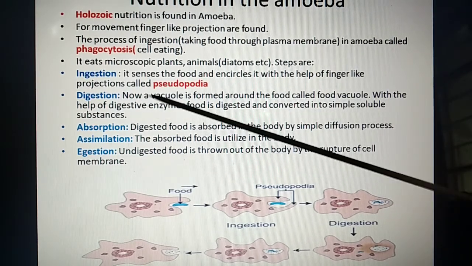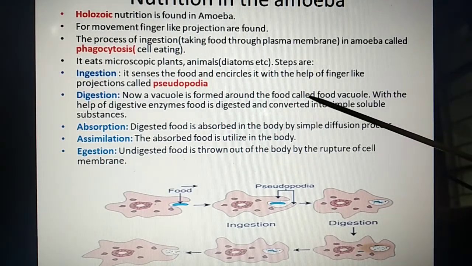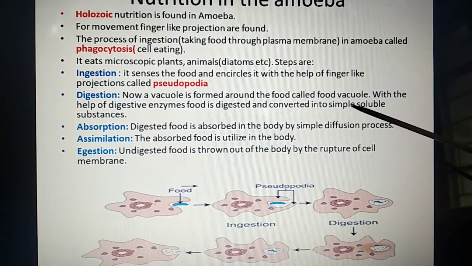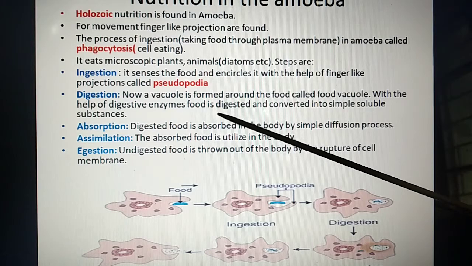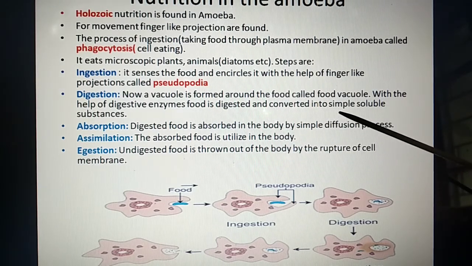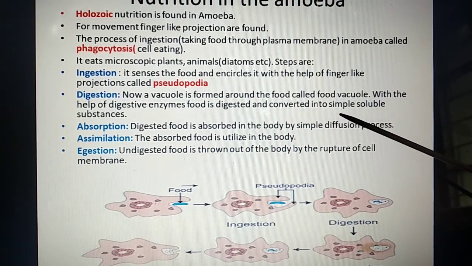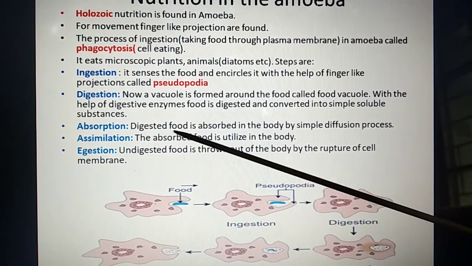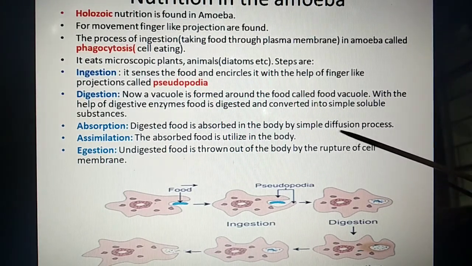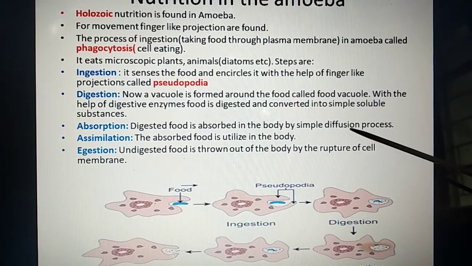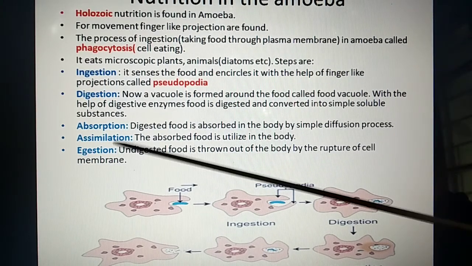Now see, a food vacuole is formed around the food, and with the help of the digestive enzymes, food is digested and converted into simple soluble substances. Now, absorption. These simple soluble substances will be absorbed in the body through the process of diffusion. Now, next is assimilation.